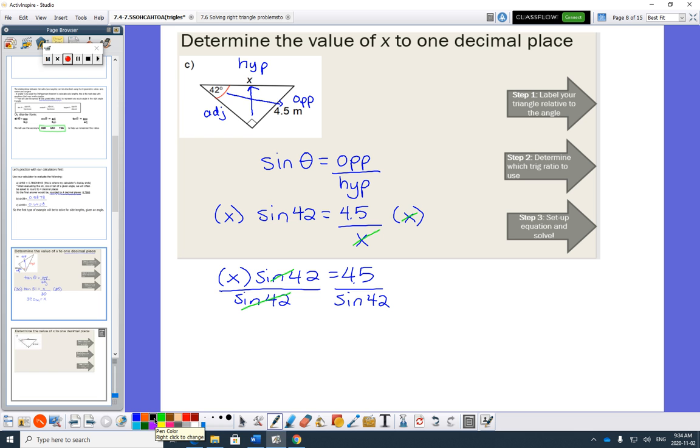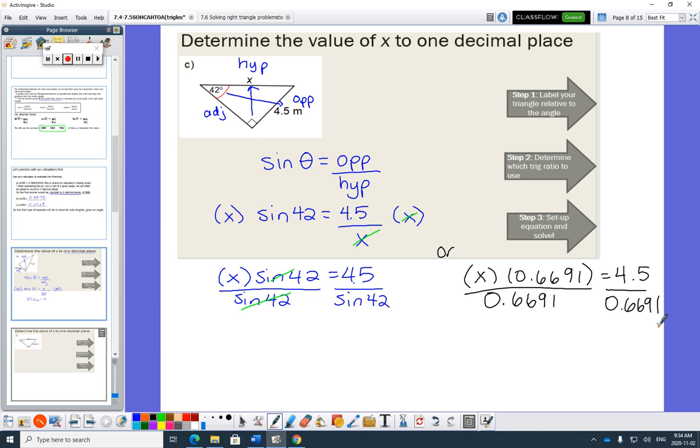But if you don't like that, if you would rather make sine 42 a number, then do that. No big deal. Okay, sine 42 is a number, so then you can just do that too. You should get the same answer.